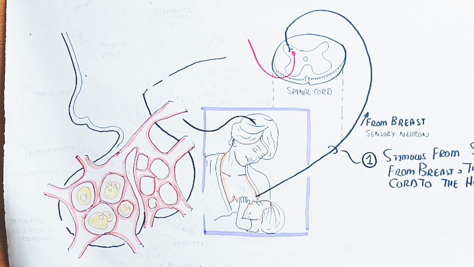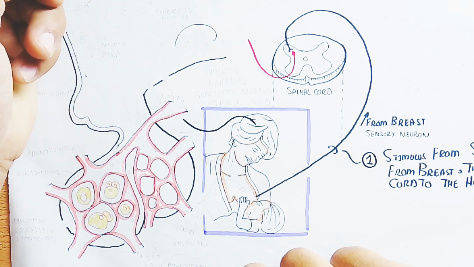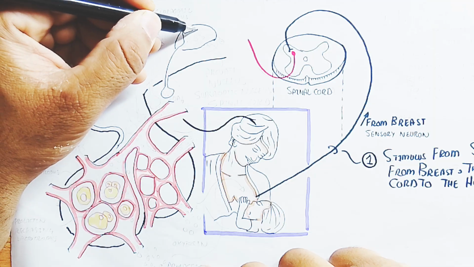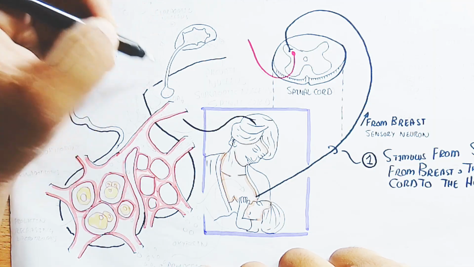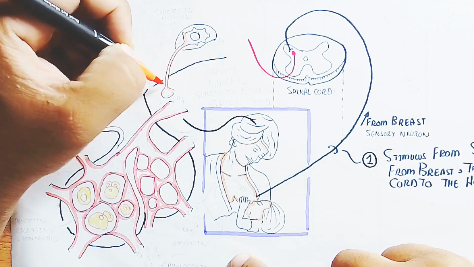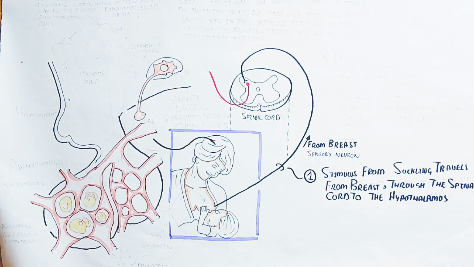So let's understand this more easily. Here you can see the arcuate nucleus. This arcuate nucleus is very important. After the synapse, the spinal cord transmits the signal as an inhibitory neuron that will inhibit the arcuate nucleus.